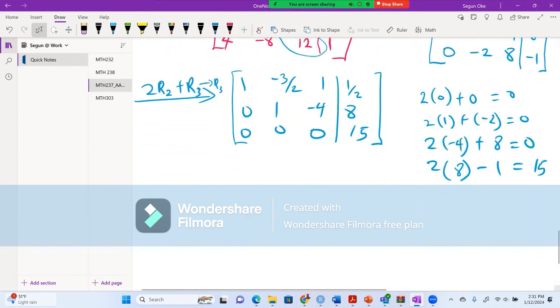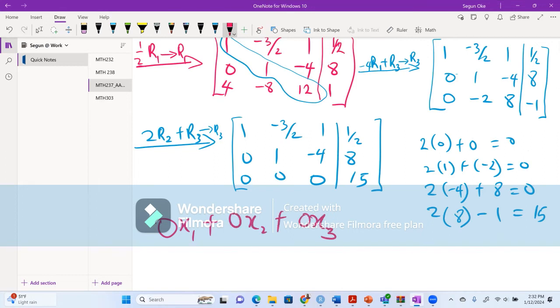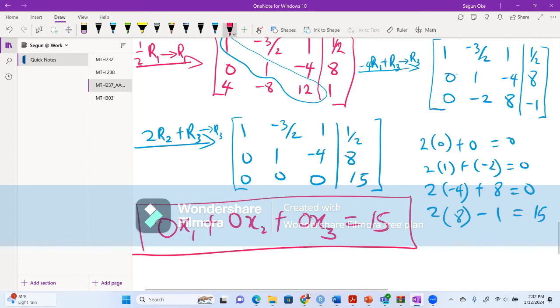We need to go back to substitution now. Let's try this one. We have 0x1 plus 0x2 plus 0x3 equals 15. Mathematically, is it correct? No. At this point, we cannot continue because you can't say 0 equals 15.